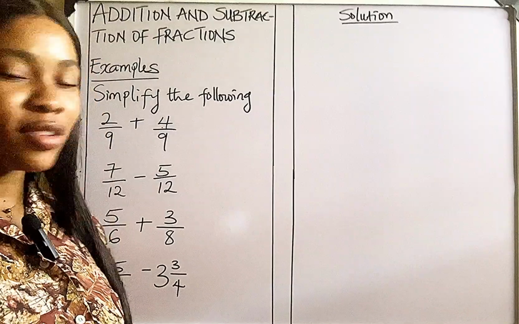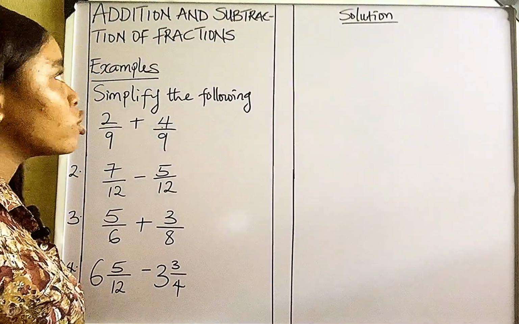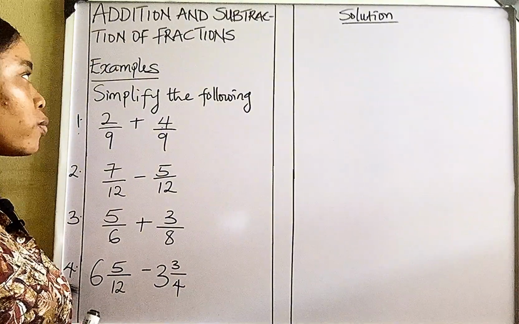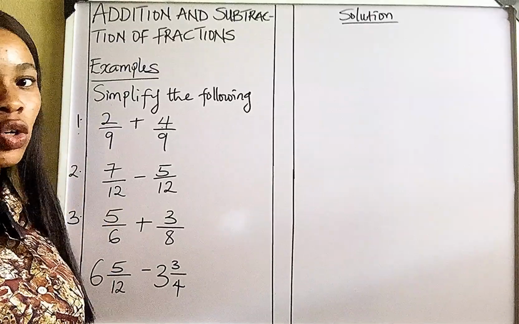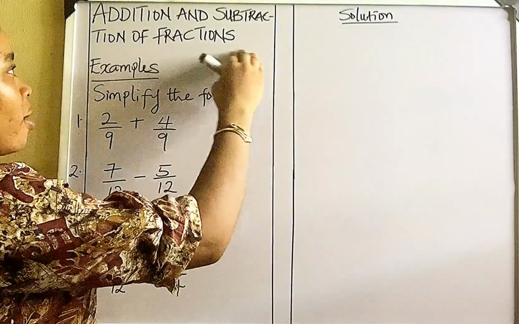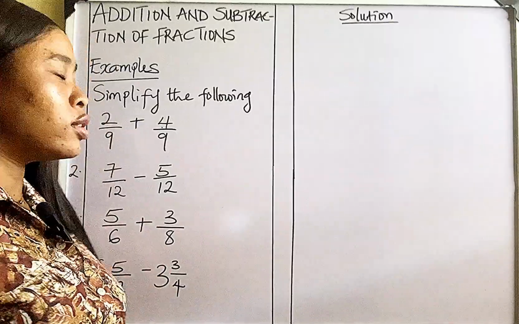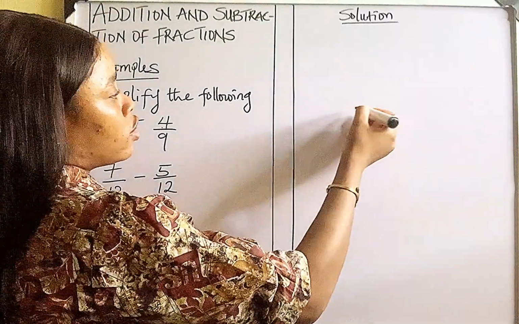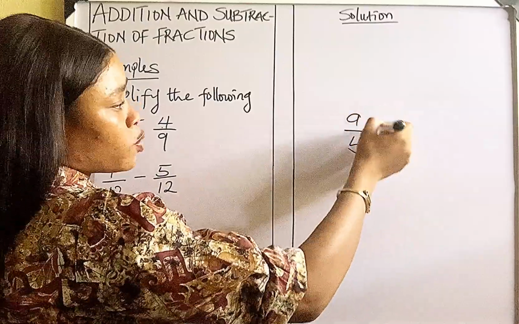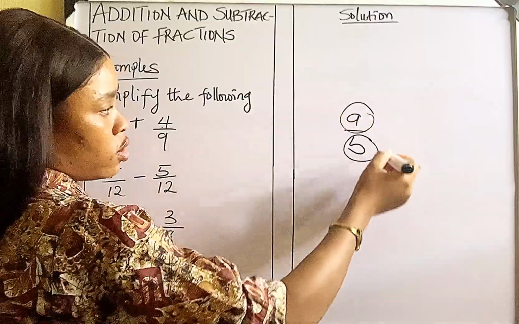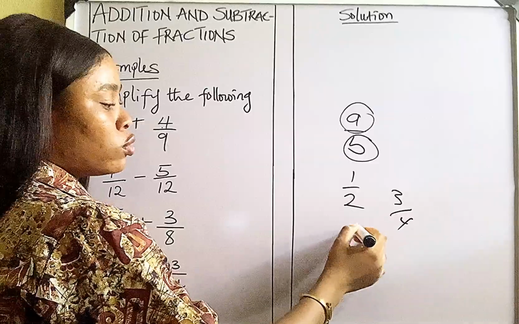So today we have a topic on the board that we'll be looking at, which is addition and subtraction of fractions. Now, we have quite a number of examples here which we'll be taking one after the other. Now, what are fractions? A fraction is a part of a whole, and it's something that can be expressed in the form of A over B. It can be expressed as a ratio of two numbers, that's 1 over 2, 3 over 4, 2 over 5.